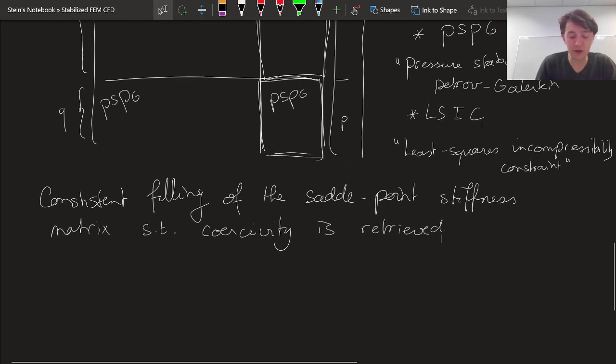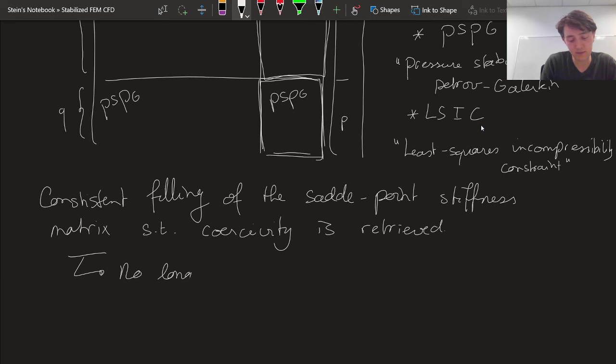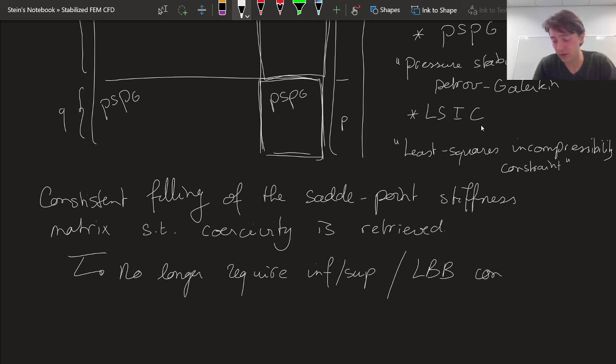And if coercivity is retrieved, we no longer require inf-sup or LBB conditions.